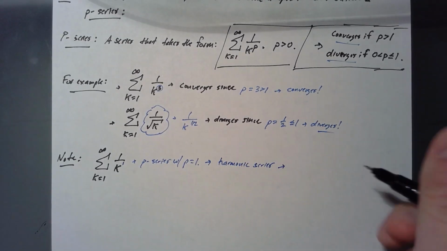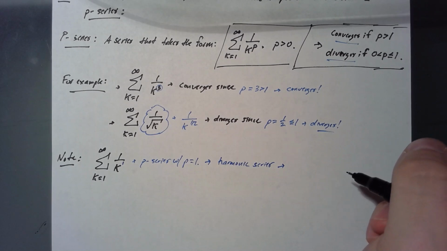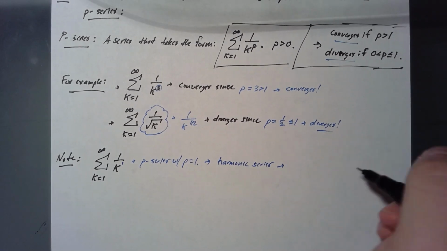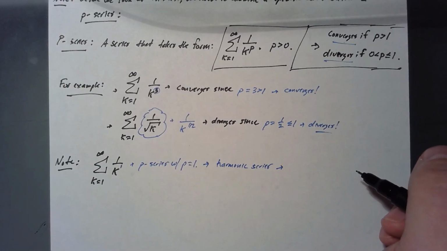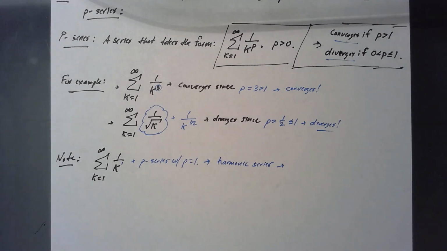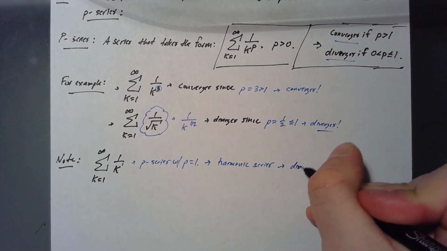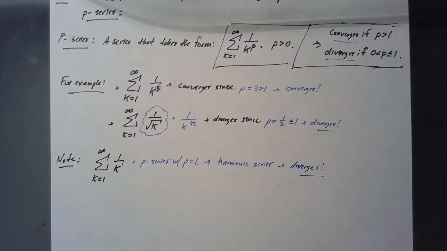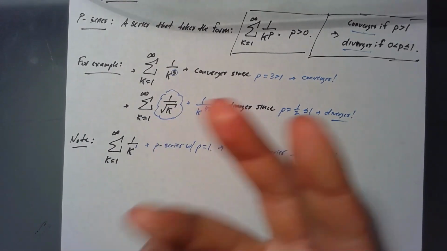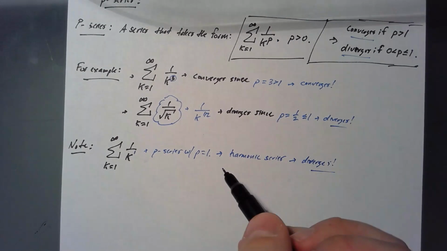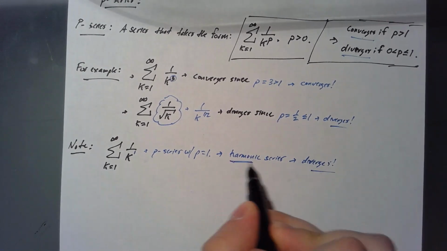And harmonic series always diverge. So if you ever have the series of 1 over k or 1 over n, same thing, it's a harmonic series, and that's important to note.